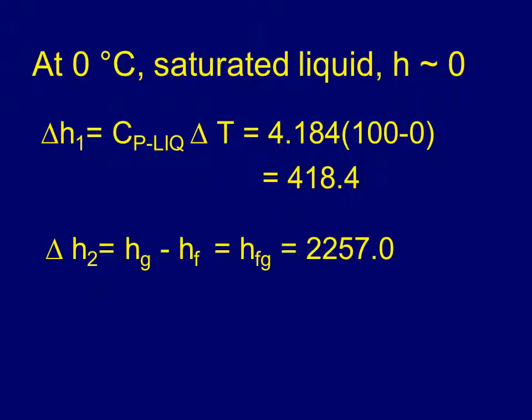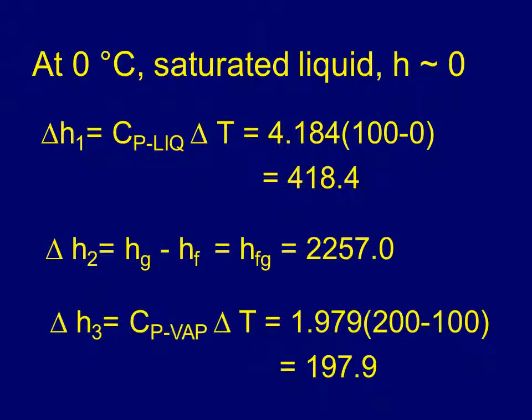Now, once you reach the boiling point, you have to add on that heat of vaporization, which is Hg minus Hf, and you may recall that we call that Hfg. That is a very large amount of energy, 2257 kilojoules per kilogram. And then to raise it on up to 200 degrees, delta H3 would be Cp delta T for the vapor.